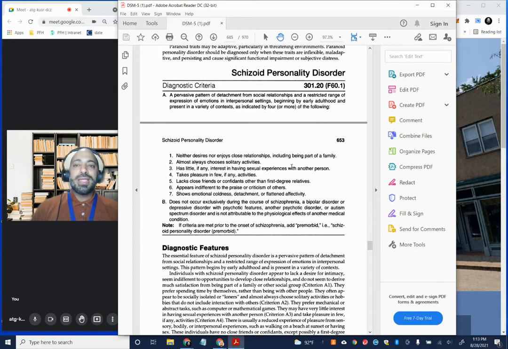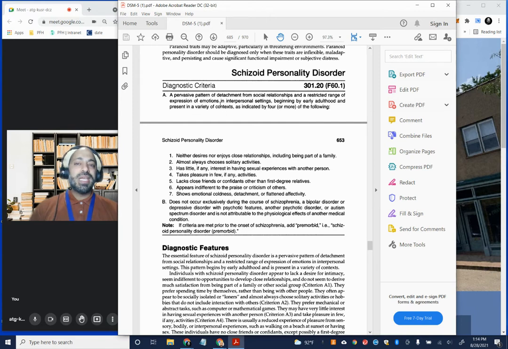So with the criteria, a pervasive pattern of detachment from social relationships and a restricted range of expression of emotions in interpersonal settings, beginning by early adulthood and present in a variety of contexts as indicated by four or more of the following. Before we go into those four, let's break this down a little bit.